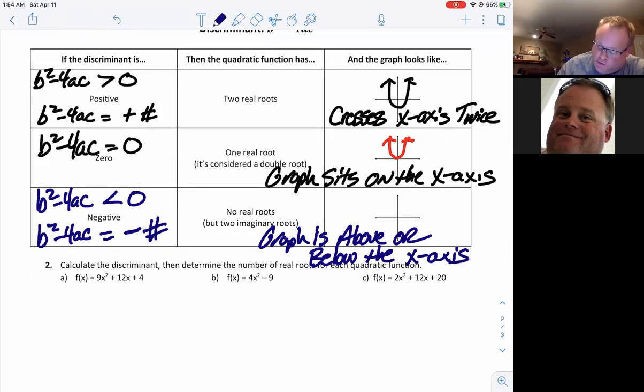And I'm going to draw two of them here just so you see it. Like I could have one here, right? It's above it. Or I could do one like right here, right? The bottom line is it never crosses the x-axis, okay?